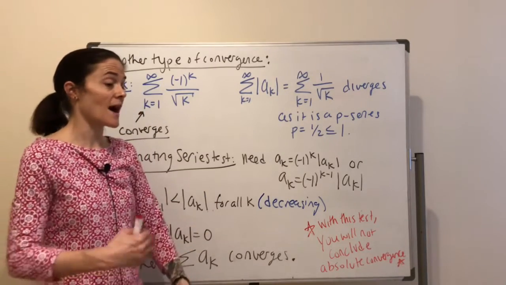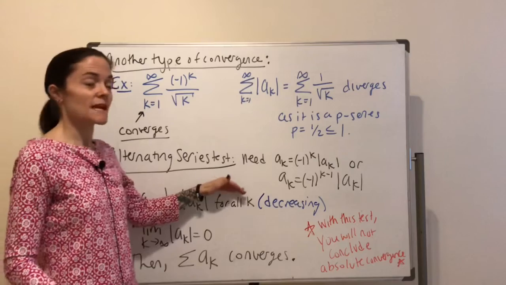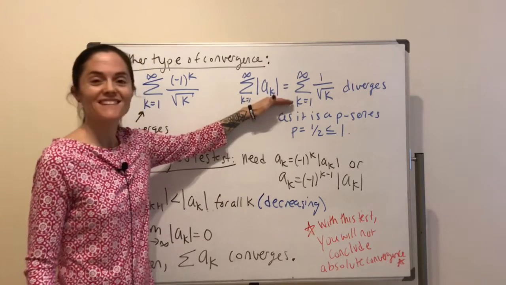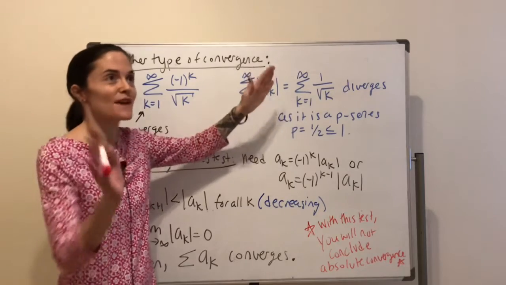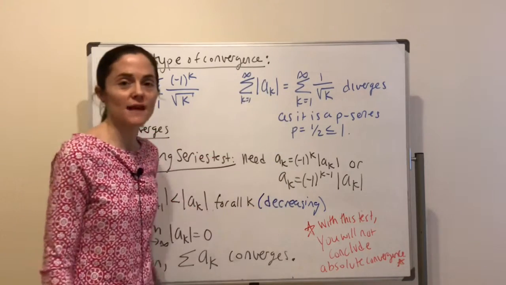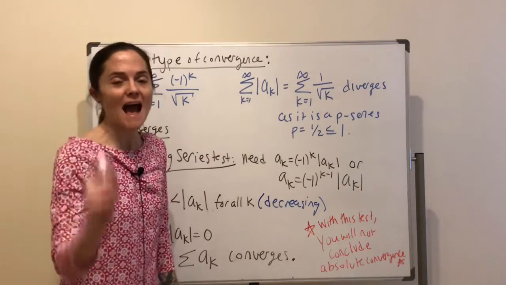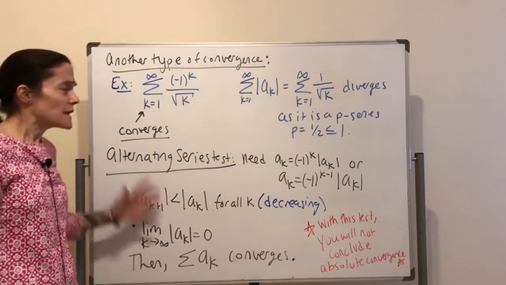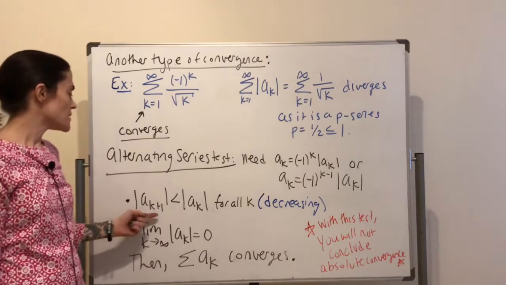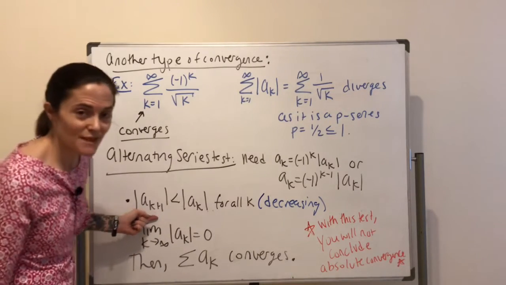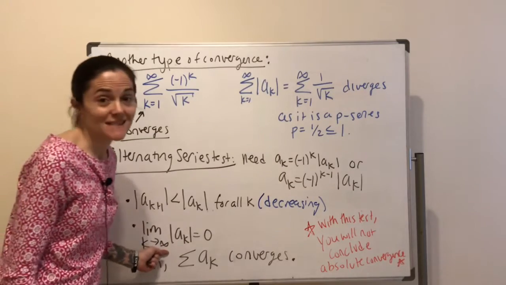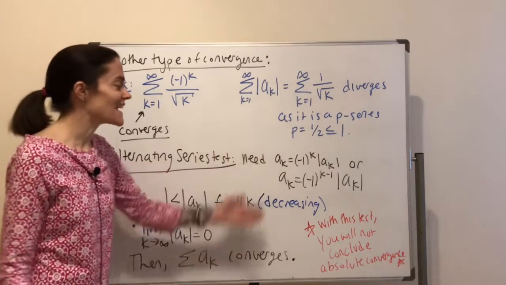And then, for example, if you do this test first and you get converges, you have to then look at the series of absolute values of the terms and see if that converges or diverges to know if you are absolutely convergent. Okay, but this test is fairly easy to use because all you need to do is verify that your terms are decreasing in absolute value and that the limit of the terms is 0 and that you are alternating.